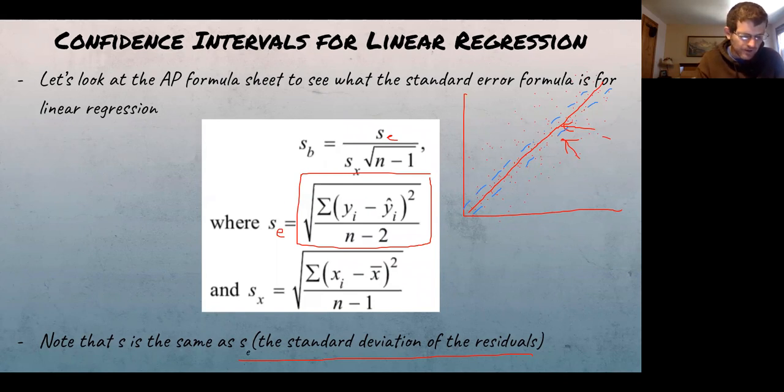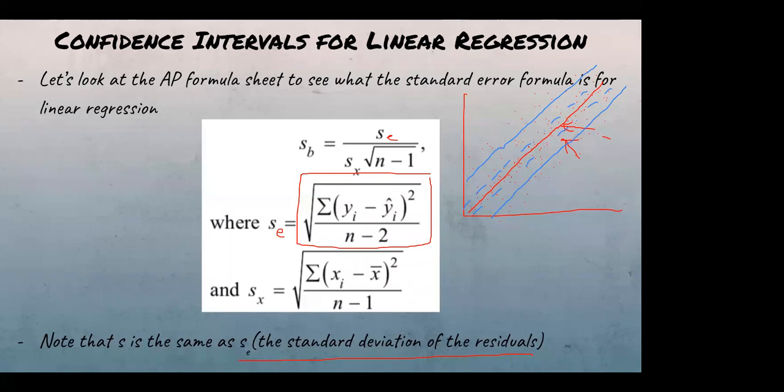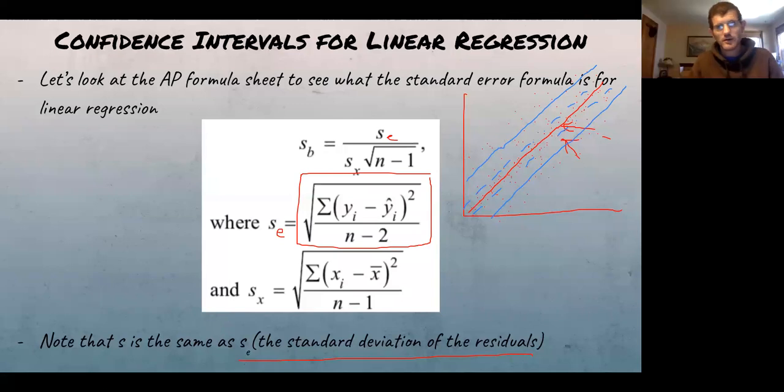Maybe now it's sitting about right here. Okay, so the less consistency there is with my residuals, the more these are spaced out, the wider my standard deviation of the residuals is going to be. And this is going to have an effect on the standard error, okay?